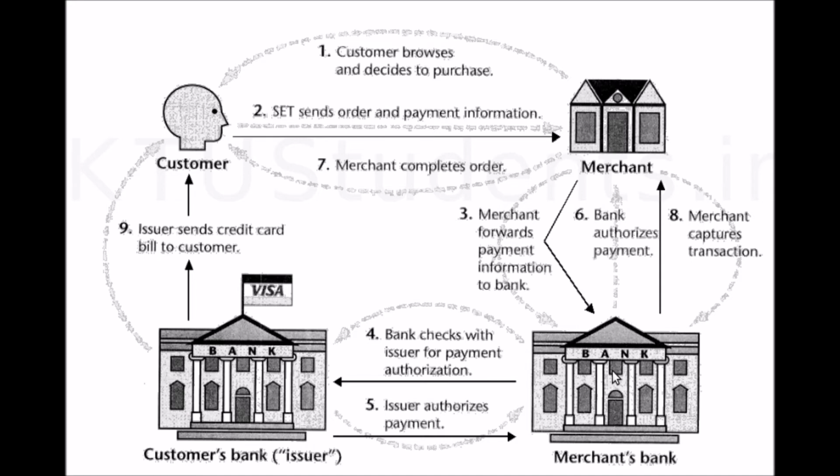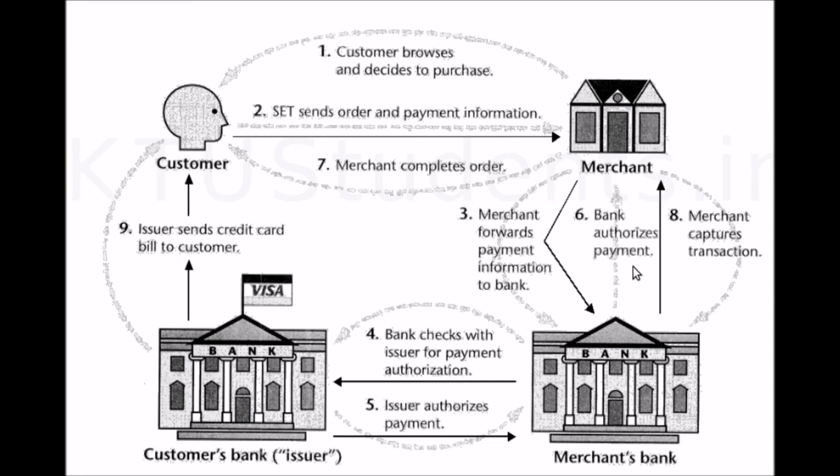Now the third step is the merchant forwards card information to their bank. Fourth step is the merchant's bank checks with the issuer for payment authorization. Now fifth step is the issuer sends authorization to the merchant bank. After that, sixth step, the merchant's bank sends authorization to the merchant.